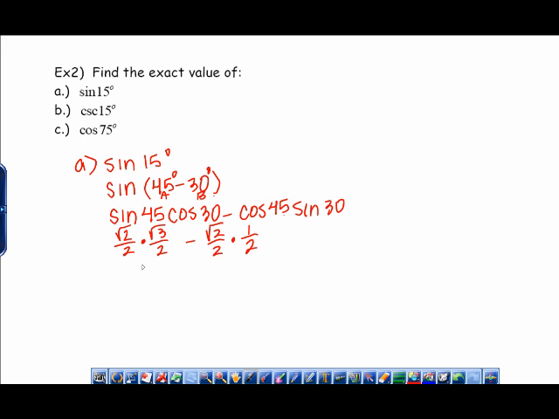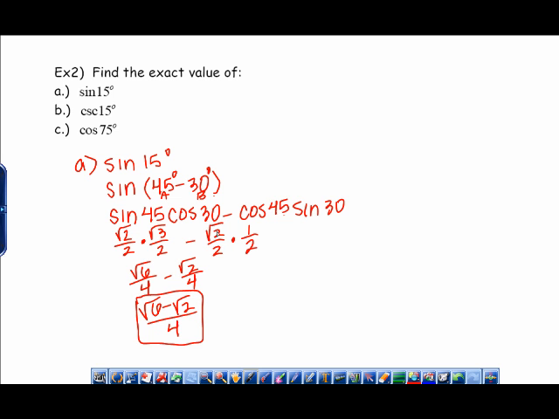All right, so now let's combine these. We've got square root of 6 over 4 minus square root of 2 over 4. And this simplifies to square root of 6 minus square root of 2 all over 4. And that's your answer.